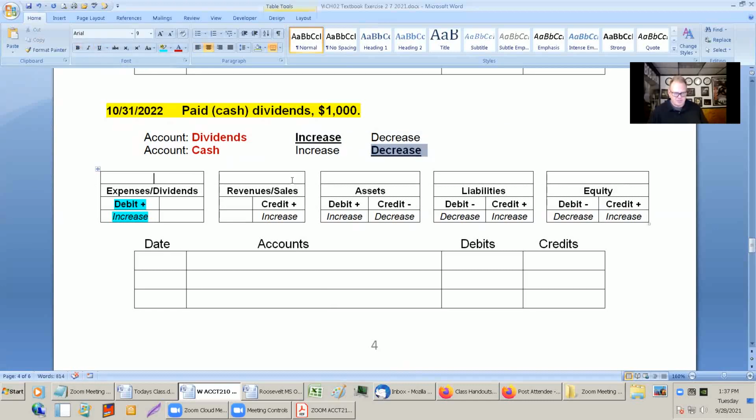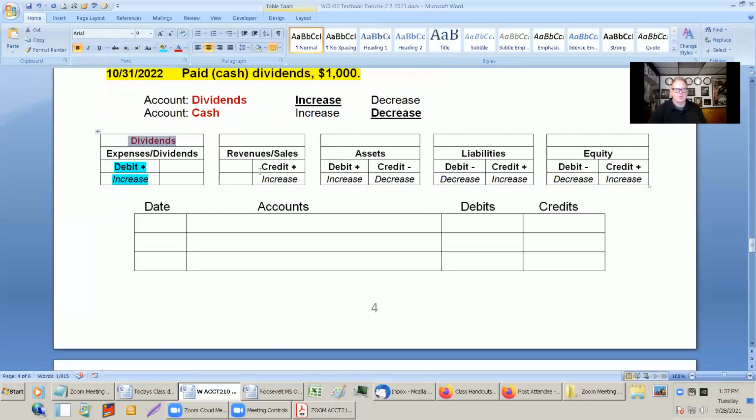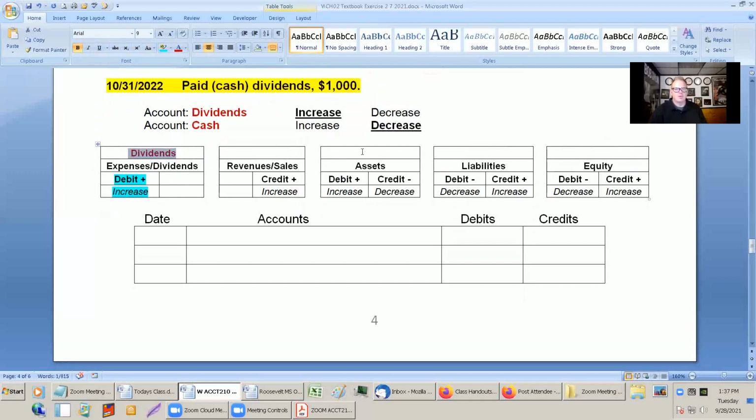And again, dividends, kind of like expenses, when you see them, you can stop because it's a debit.